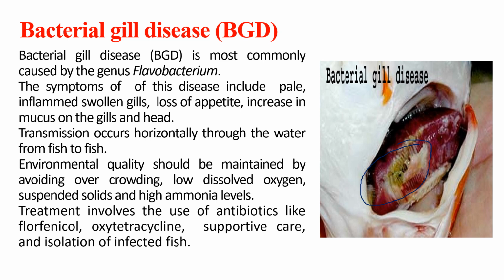Loss of appetite, increase in mucus on the gills and head. Transmission occurs horizontally through the water from fish to fish. Environmental quality should be maintained by avoiding overcrowding, low dissolved oxygen, suspended solids, and high ammonia levels.